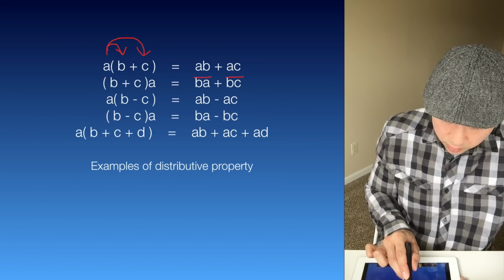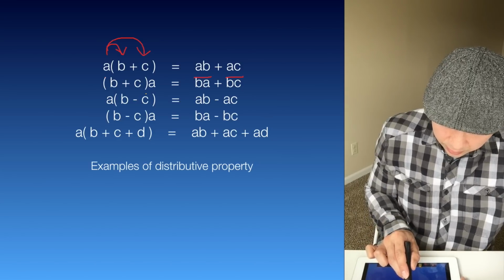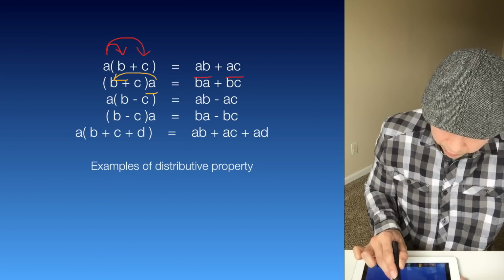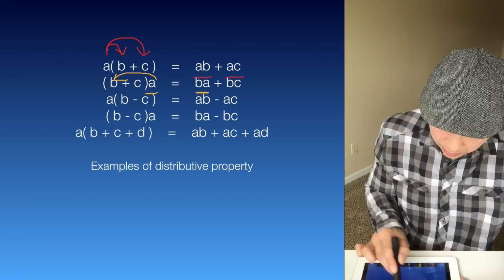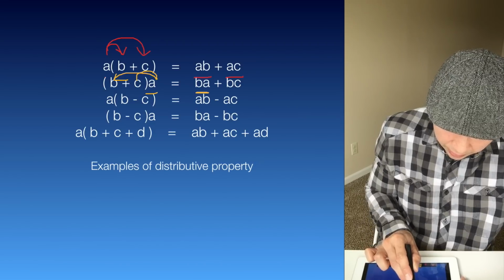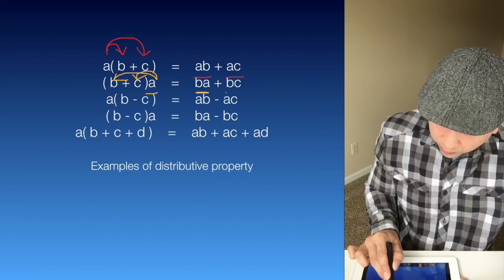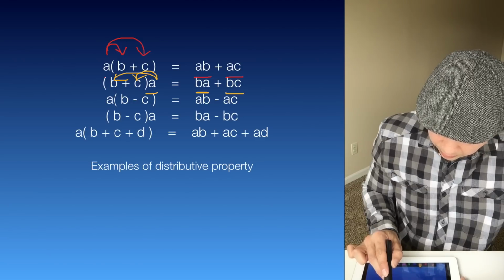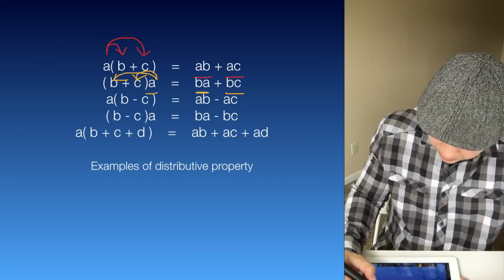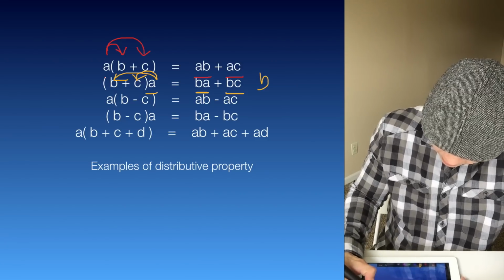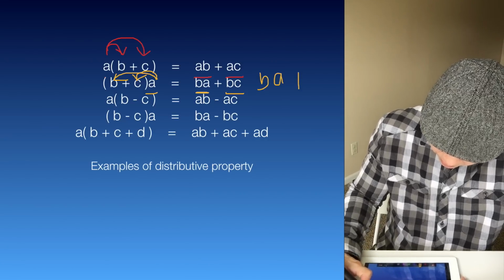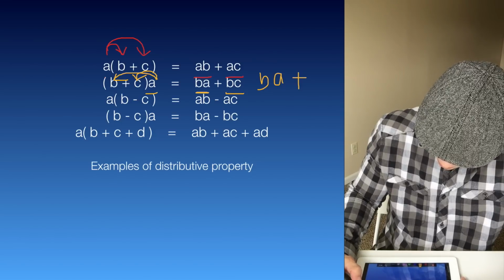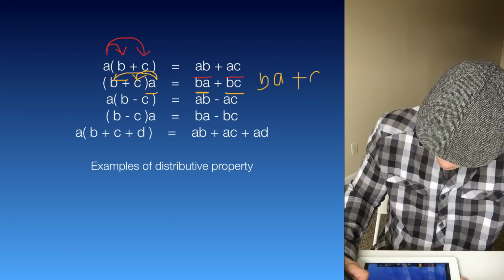So here, we can distribute a to b, and then we have b times a, and then we can distribute a to c, and then we have ac. So this should be ba plus ca.